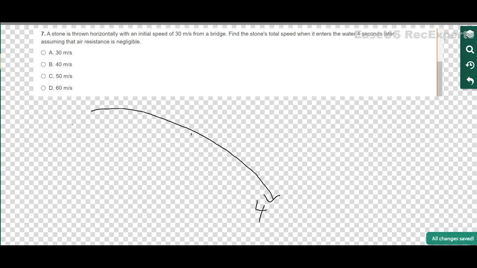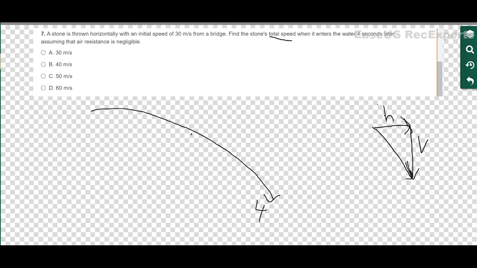We're trying to find the total speed, which would be equal to the horizontal speed and the vertical speed, so you're going to have to use the Pythagorean theorem.